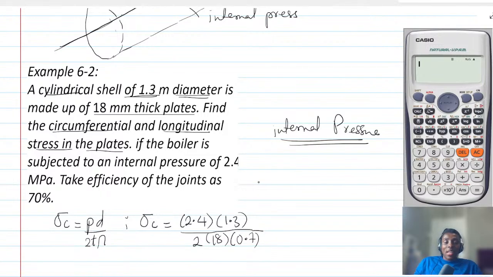In most cases, the actual formula is PR over 2T, or PD over 2T, and you just bring in the efficiency if it is not 100%.